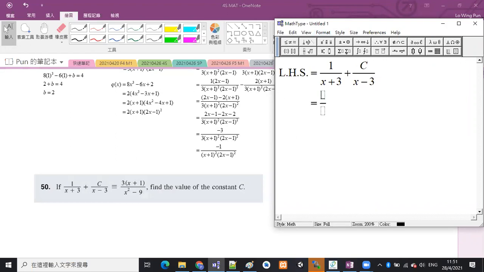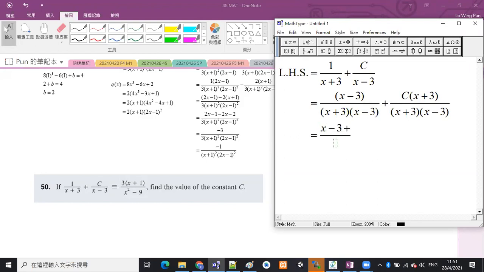And then we need to find the common denominator: (x minus 3) plus c times (x plus 3) over (x plus 3) times (x minus 3). Then we may merge them together.